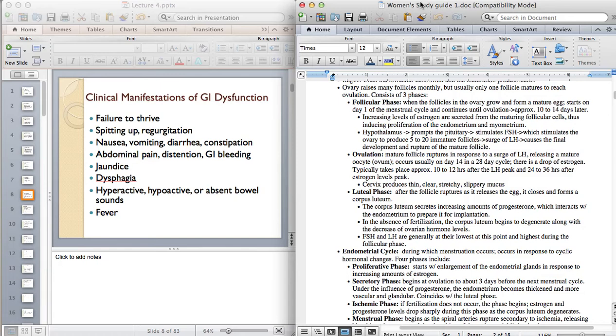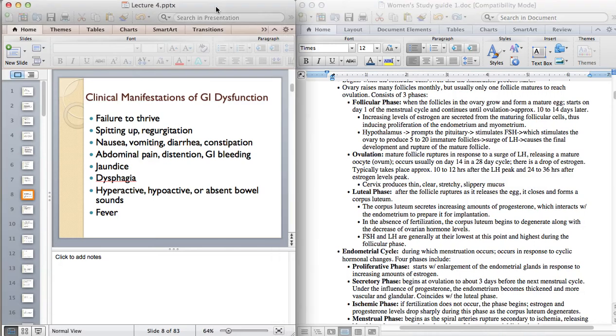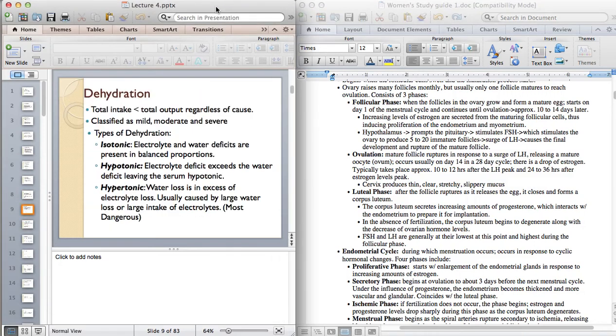Sometimes hyperactive bowel sounds occur, like in cases of diarrhea. Or then again, our old friend fever will always come into place anytime. So, any questions on those symptoms in general, before we break it up into each of the conditions?